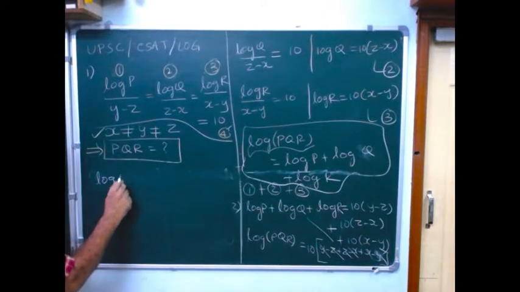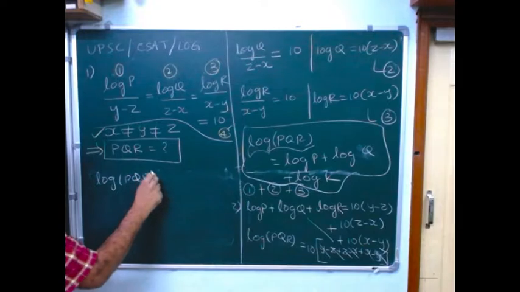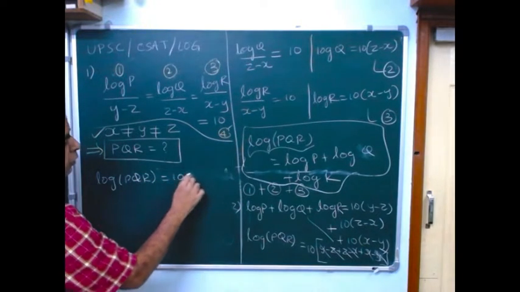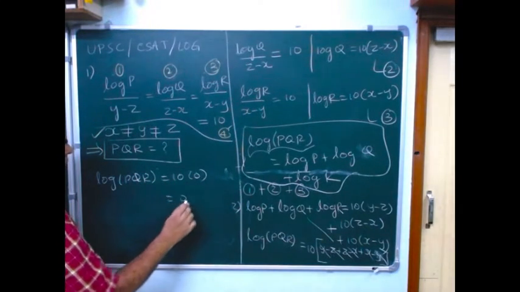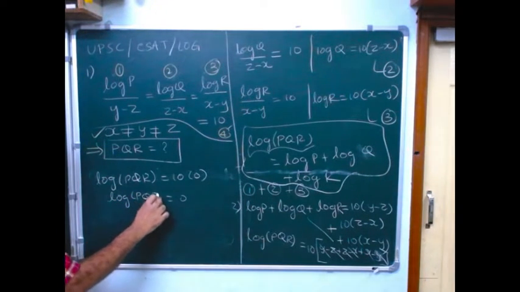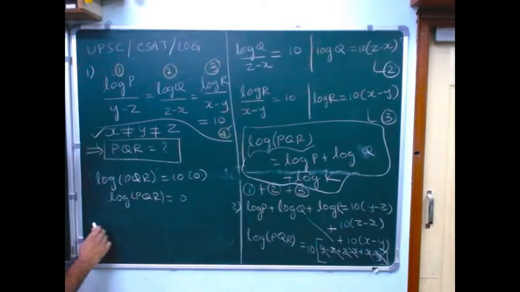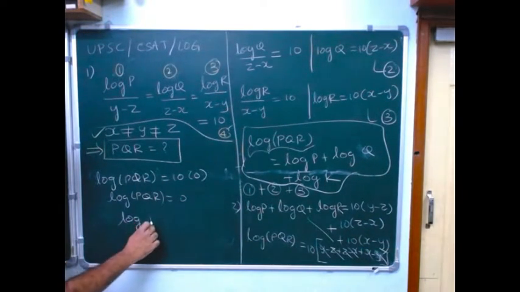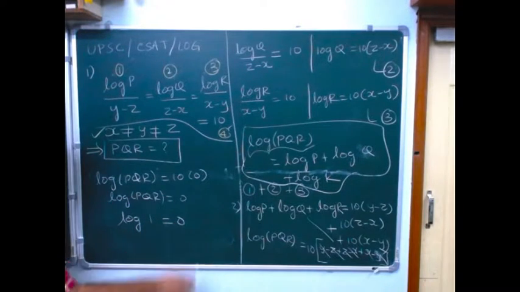log of PQR is equal to 10 into 0, that is equal to 0. So log of PQR is equal to 0. You should note one more important thing: log of 1 is 0.